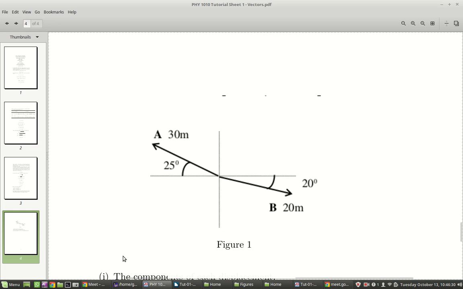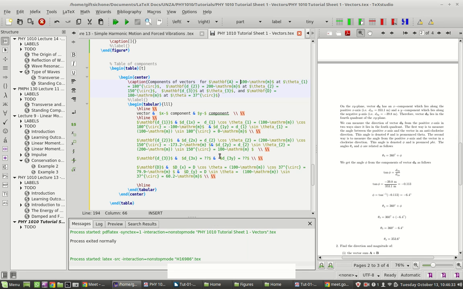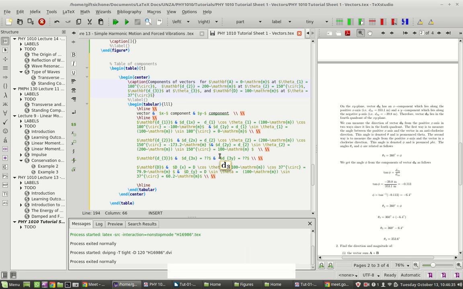Yes, vector A is 30 meters at an angle of theta 1, which in this case is 180 degrees minus 25 degrees.